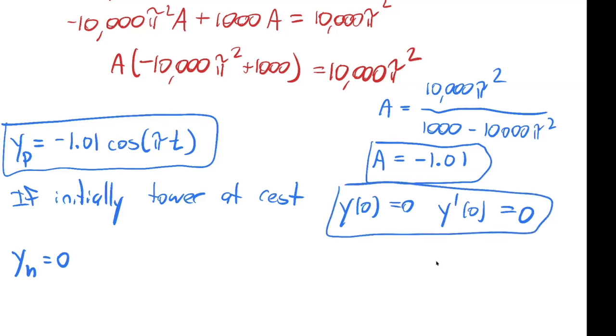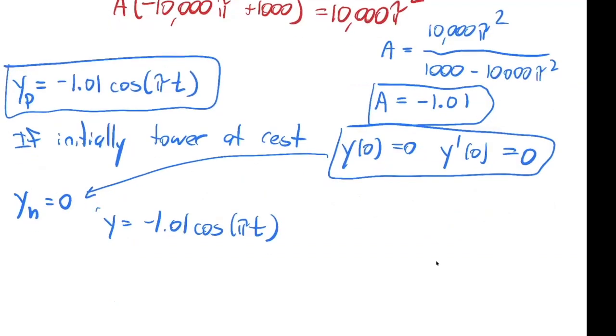just to give you the quick story here, the fact that it starts off at rest means that the constants C1 and C2 in the homogeneous solution should both be 0. And that would tell me that the solution to this is just going to be given by the particular solution.